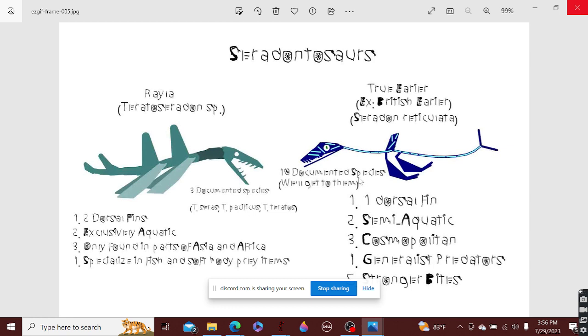Other than that, they can be found pretty much on any continent, yes, including Antarctica. Basically, like birds, they're everywhere. They're also generalist predators and scavengers. They pretty much will take whatever they can get, and while Raylas have really weak bites, most Eariers have extremely strong bites.